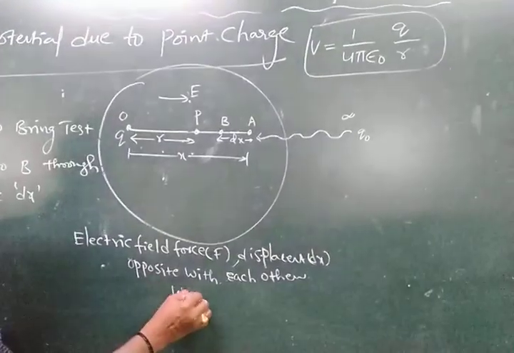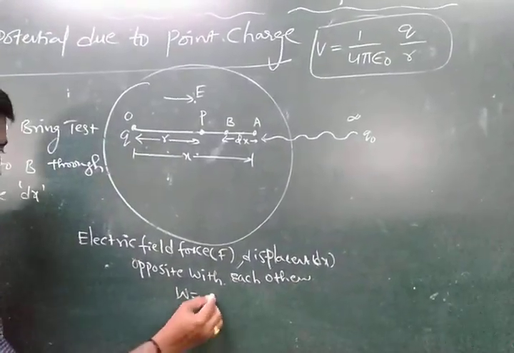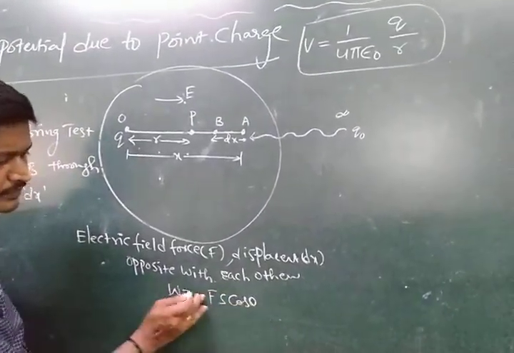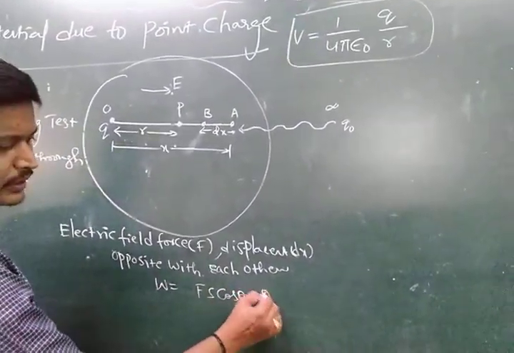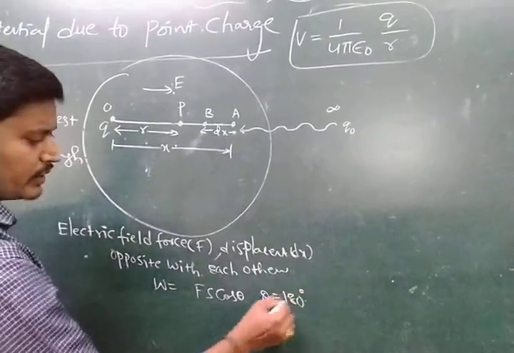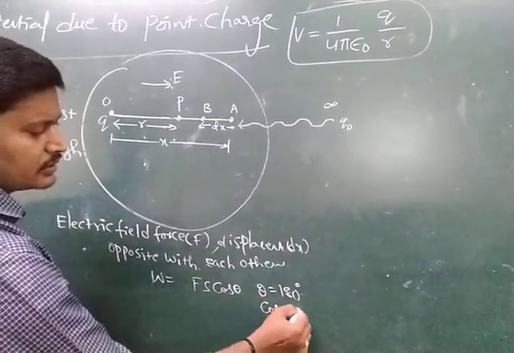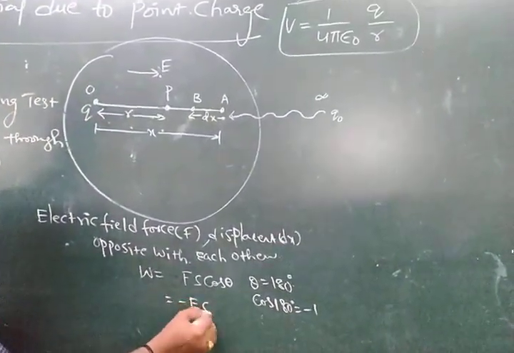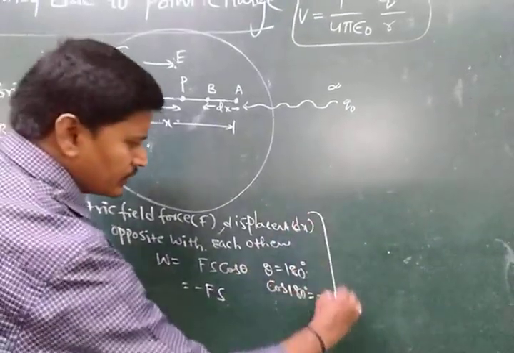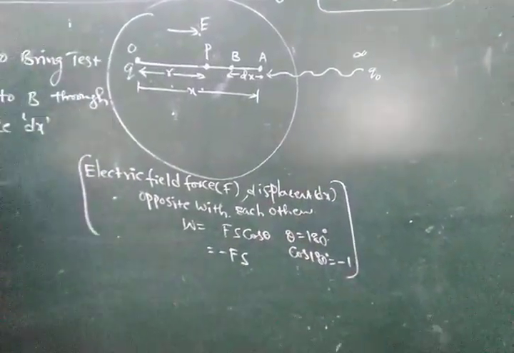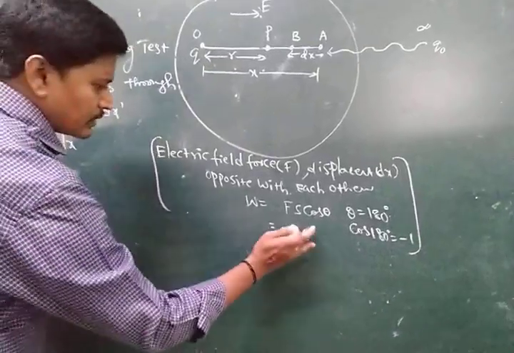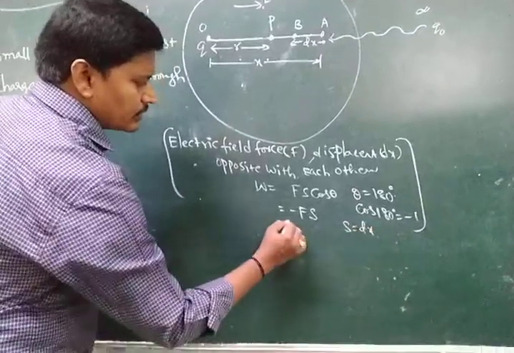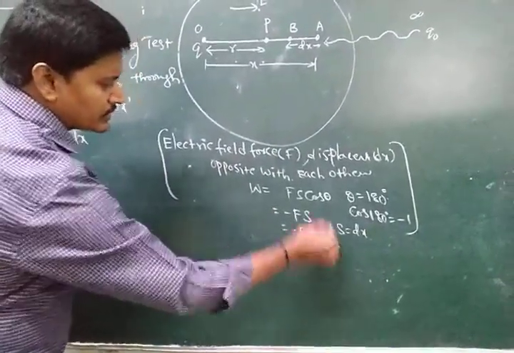Therefore the work is said to be negative work, that is F s cos theta. Theta is equal to 180 degrees, cos 180 is equal to minus 1. Therefore minus F into S, where S is equal to dx. Therefore minus F into dx.